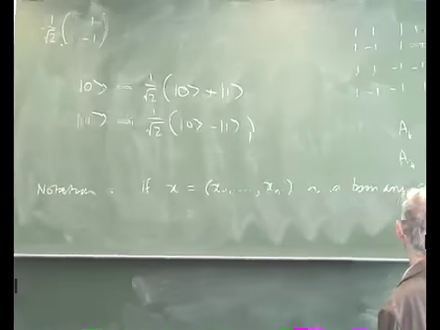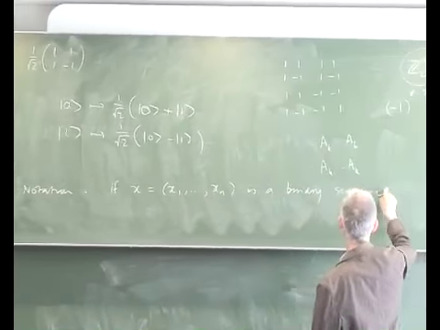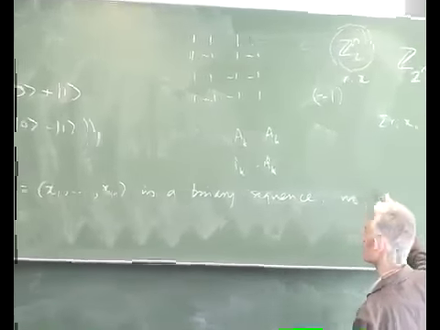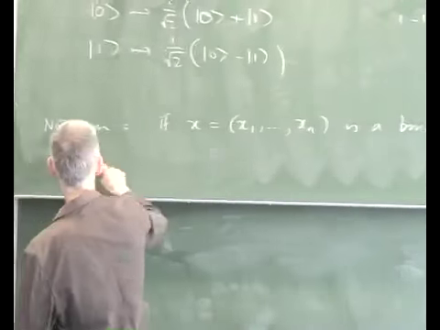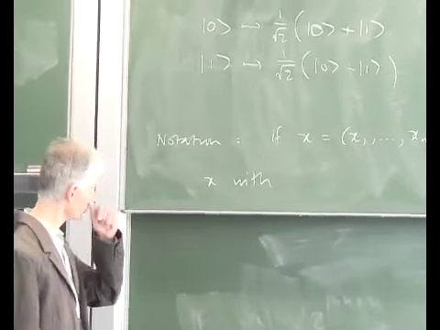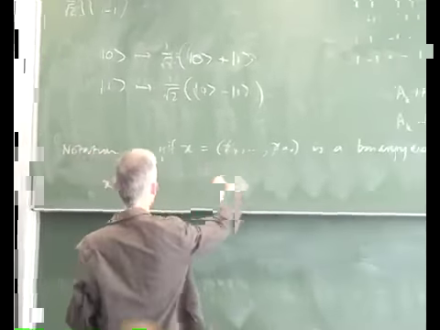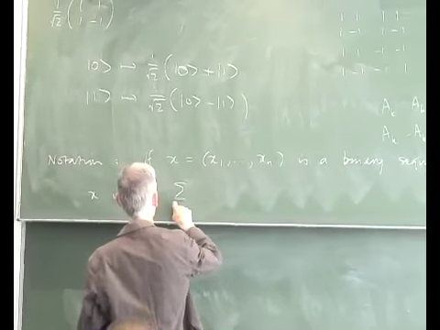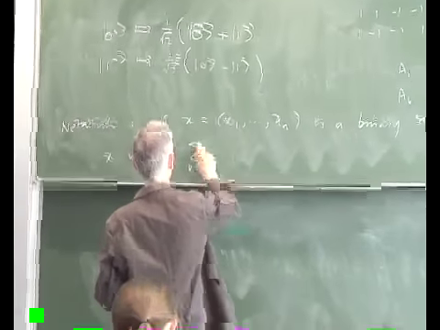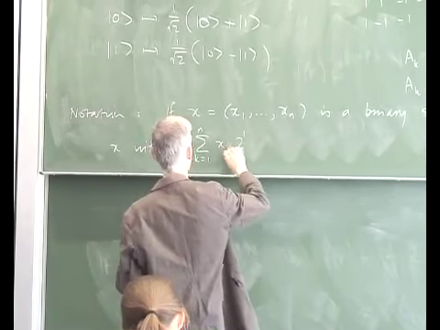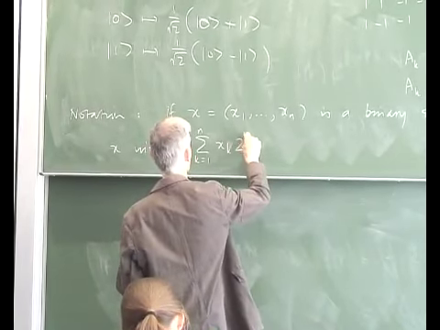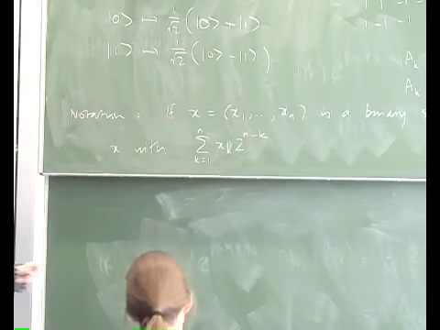Take a sequence x1 up to xn of bits. So we'll identify x with the number that it corresponds to in binary representation. So it'll be the sum from k equals 1 to n of xk times 2 to the n minus k.